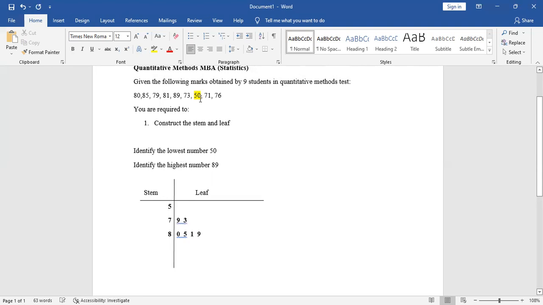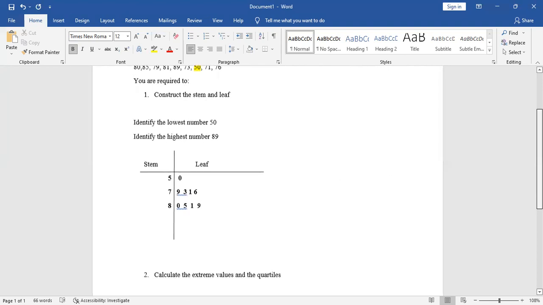Then the next number is 50, so I bring a 0 under the 5 to represent 50. The next number is 71, so I bring a 1 here to indicate 71. Then the next number is 76, so I bring a 6 under the 70s.